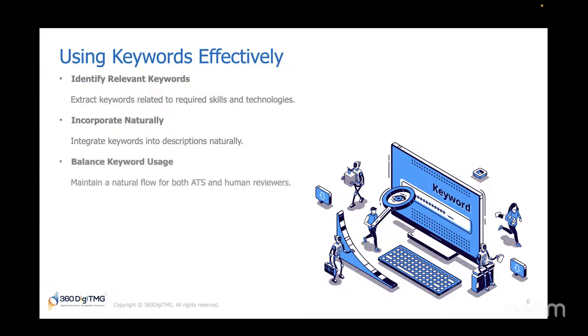Always use balanced keywords, because the ATS is the software that shortlists your resume in the first filter. Then those filtered resumes go to the HR people, and this ATS software shortlists your resume on the basis of the particular job description.